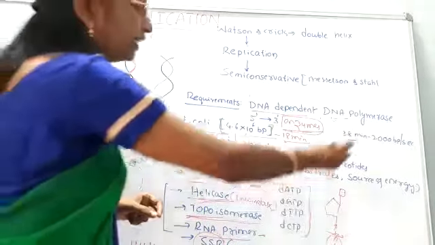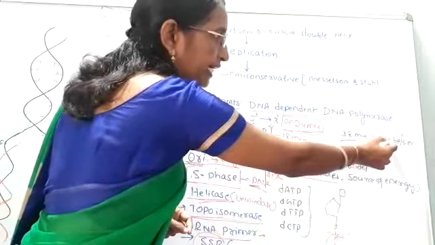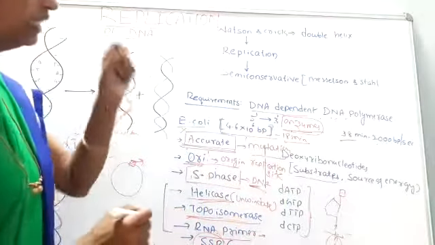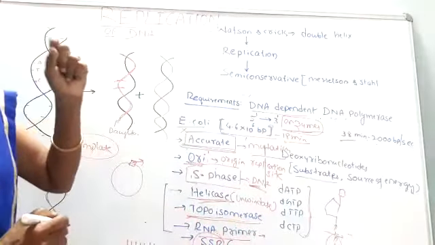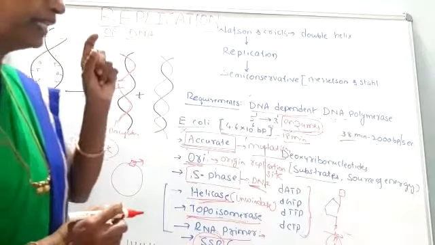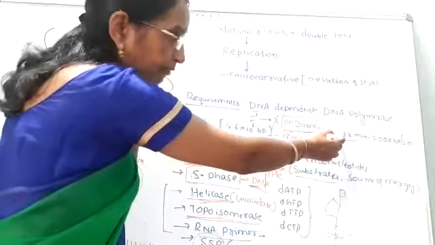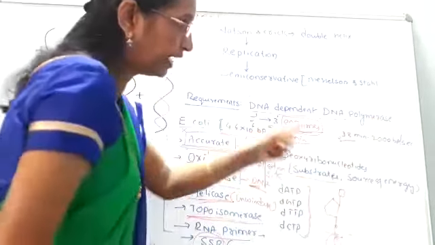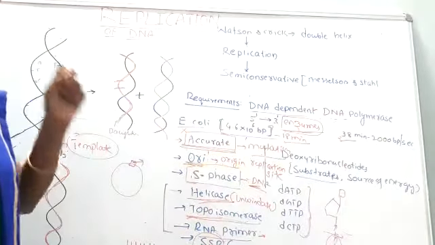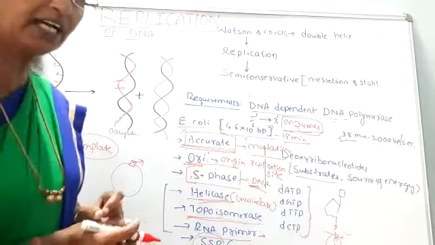In total it is about 2000 base pairs per second. So per second, how many nucleotides are polymerized? That is 2000 base pairs per second.